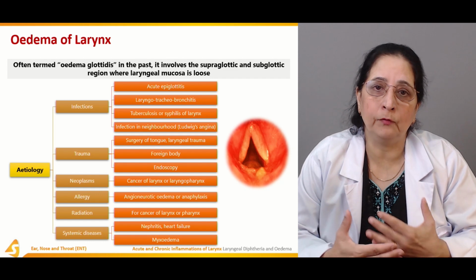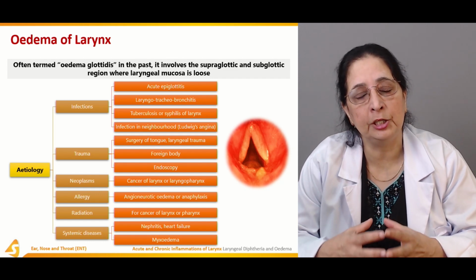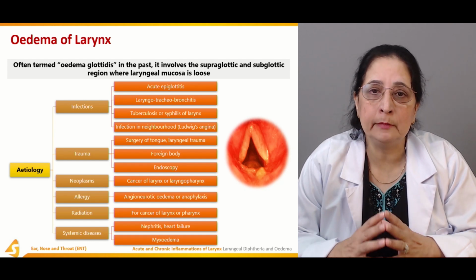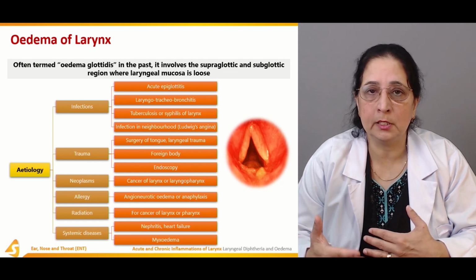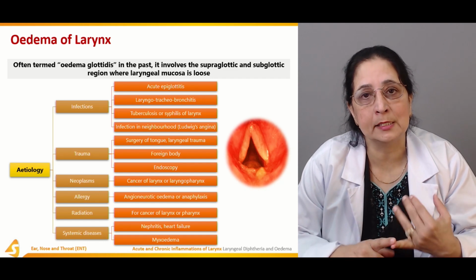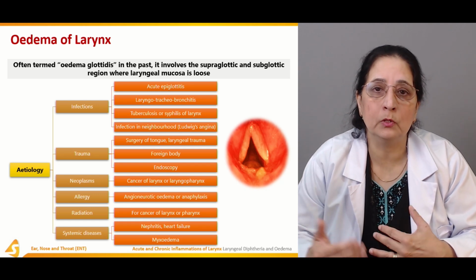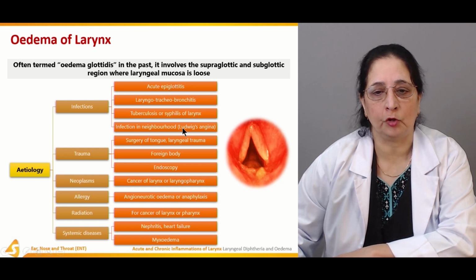As a result of all these conditions, when there is infection or inflammation around the larynx, it can cause edema or swelling of the larynx. So there are many causes, and all these are very common. We already discussed epiglottitis, laryngotracheobronchitis, tuberculosis and syphilis; we will discuss them later in this lecture also.